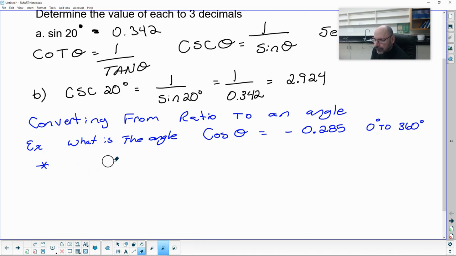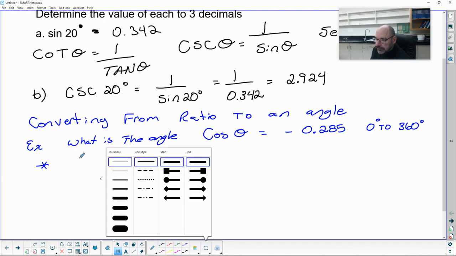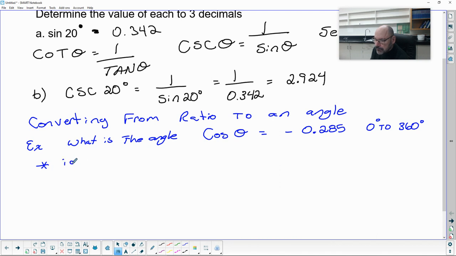Ignore the negative sign when finding the reference angle.